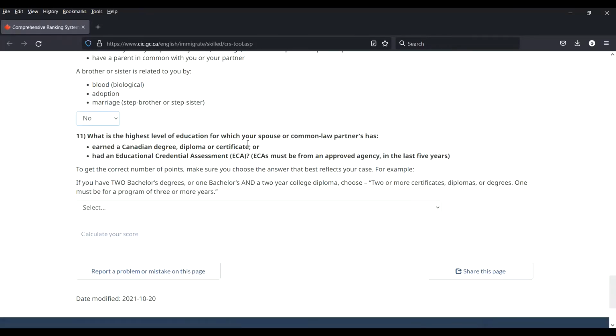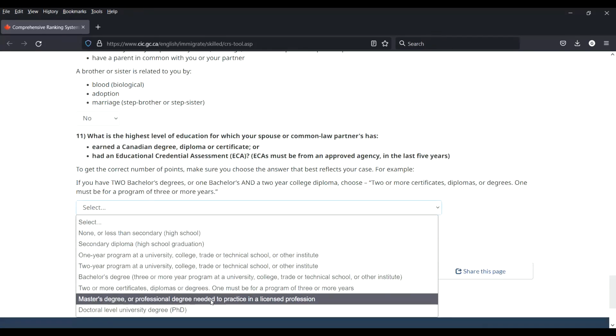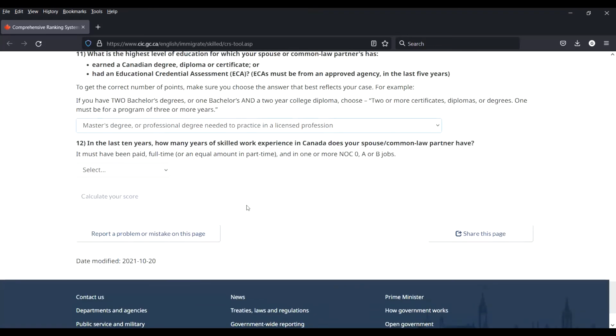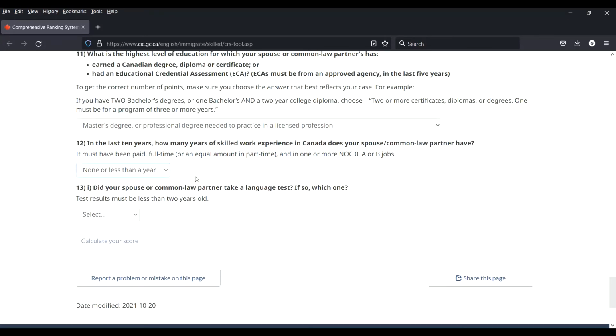What is the highest level of qualification of your spouse or common-law partner? Let's say the spouse or common-law partner has a master's degree. And in the last 10 years, how many years of skilled work in Canada does your spouse have? None, just the same way as you.